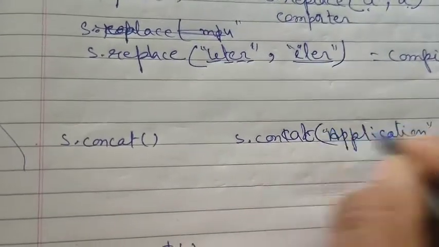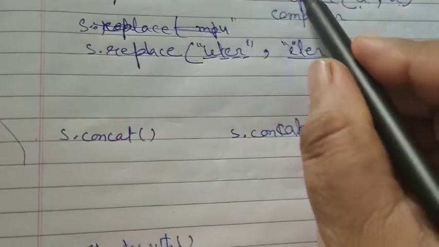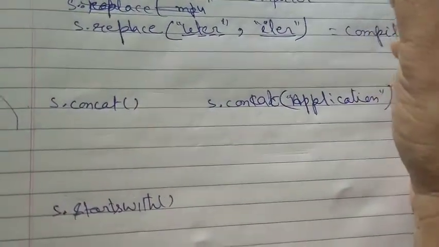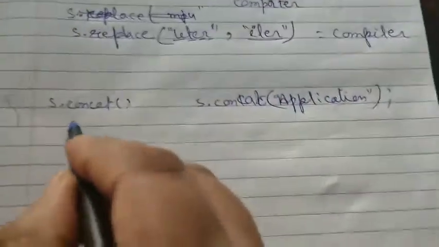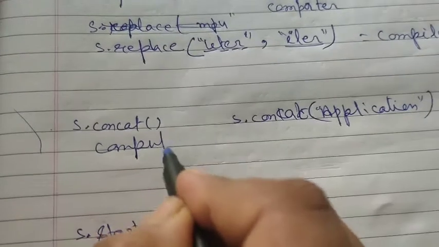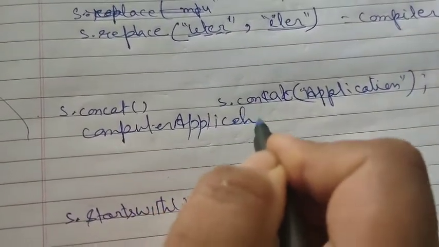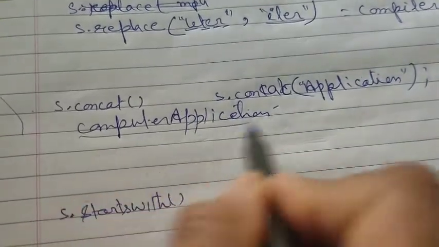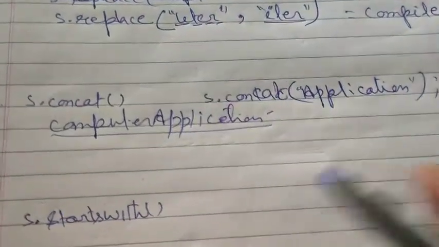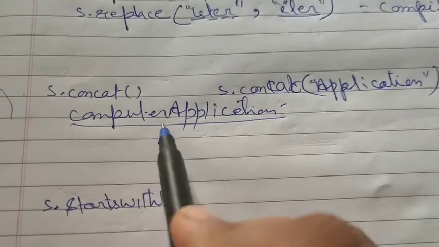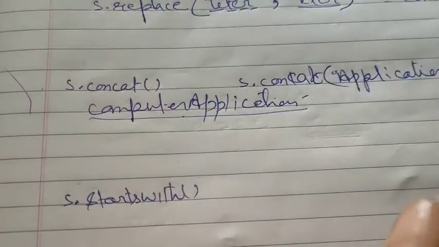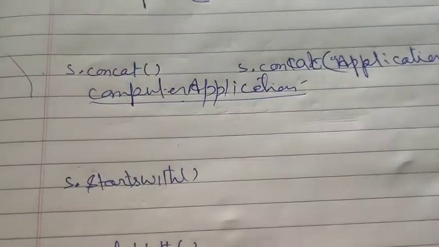That means here s is "computer", and you want to add "application" together, so your answer will be "computerapplication". This entire string will be together. You will not add any space over here. In between, there will be no space, you just write it like this.